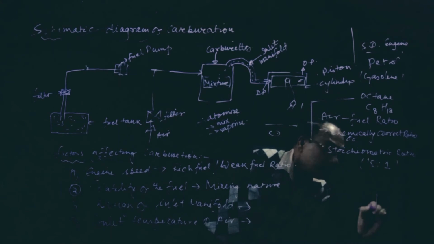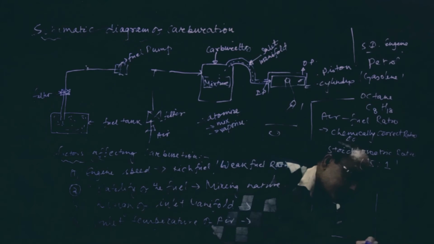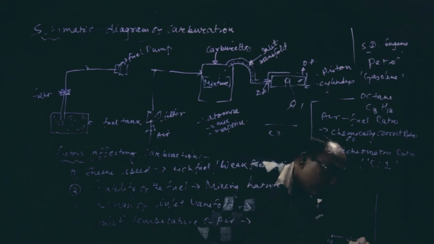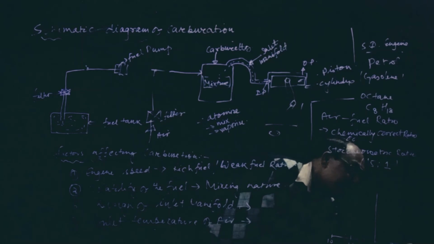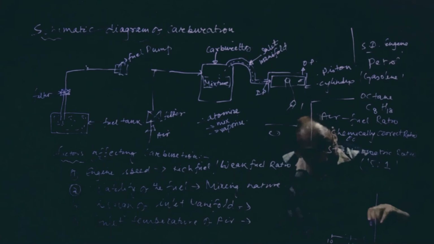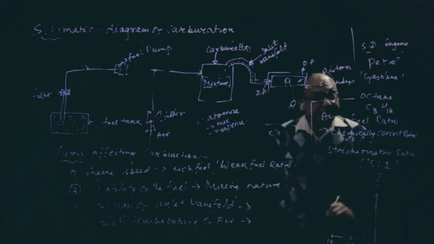And suppose this is 15, we can consider 10, 12, 14, then 17, 18 and 20. Okay, see now, this is chemically correct ratio, the stoichiometric ratio, that is 15:1.